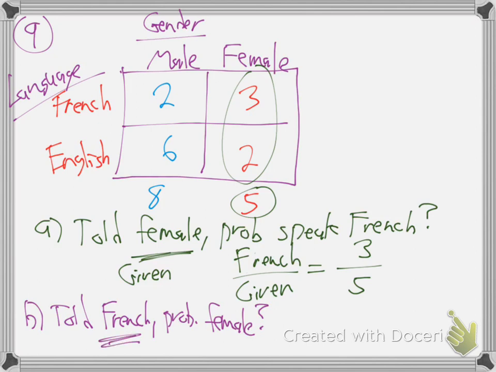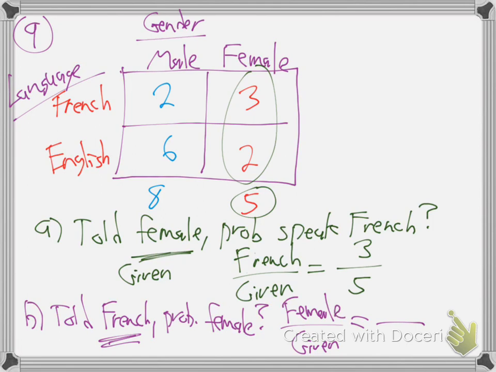The French speaking. That's the given. The given is the French speaking. And so what's the probability of that? Can you finish that one up? What's that going to be? French? No, not French. Female. Female over given.